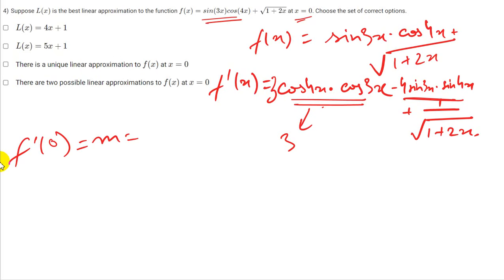Okay, yeah, plus 1 or minus 1. So let us take first the plus 1. Okay, plus 1, so it would become 4.